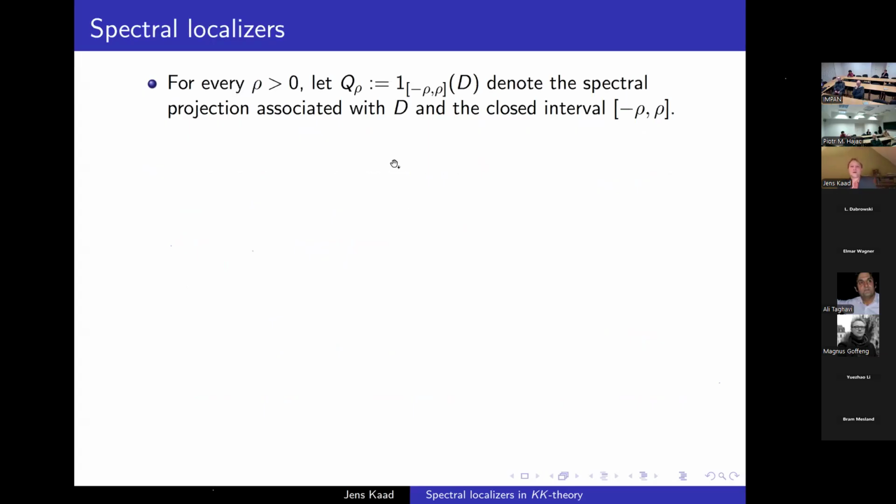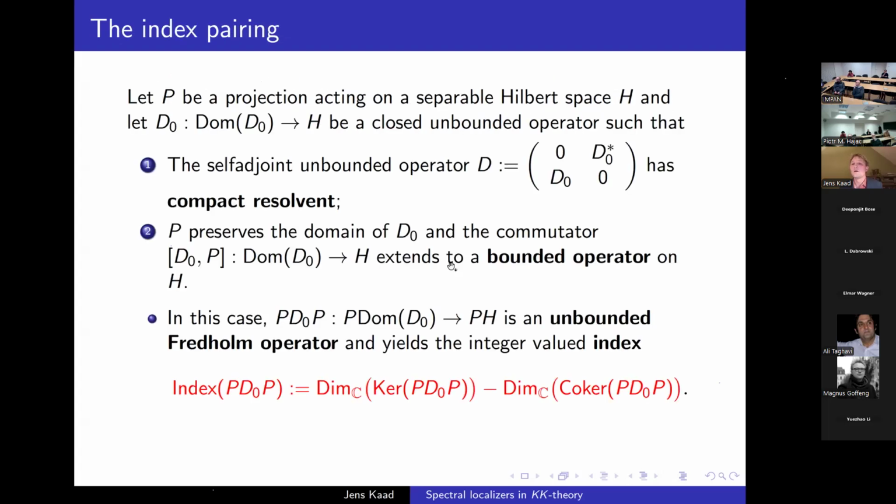Can I ask a question? Yes, go ahead. I'm asking whether this projection P is a map from this Hilbert space H to which subspace? Are you talking about the domain of D0? So P is just an operator on the Hilbert space H. It's a projection, right?